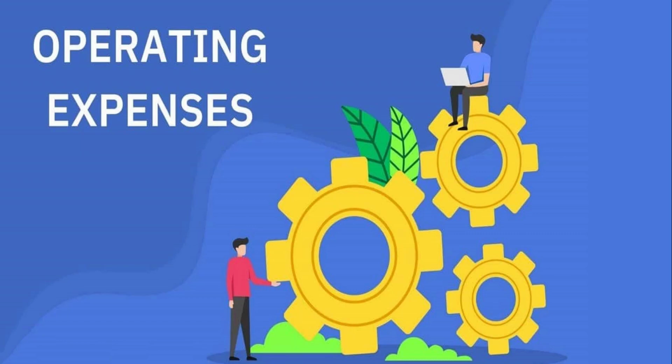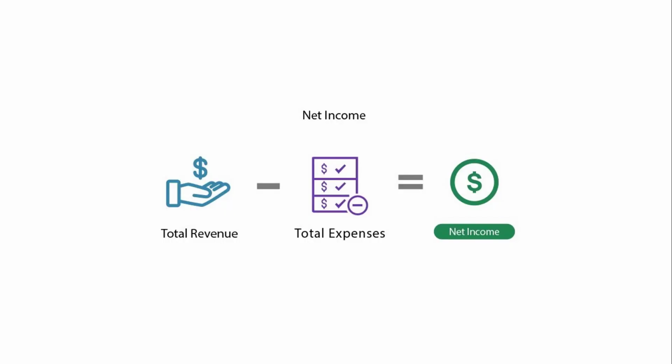Another very important term is net income. When revenues exceed expenses, the difference is called your net income. When your expenses exceed your revenues, this is called a net loss. I've got an example here of how you can figure your net income: your total revenue minus your total expenses. What's left over is your net income.